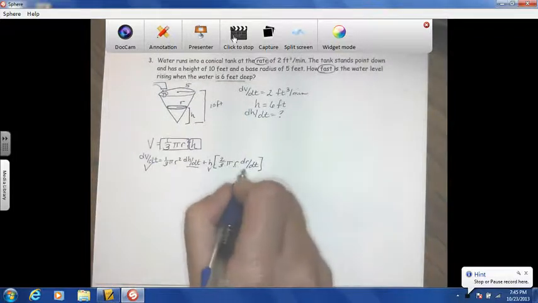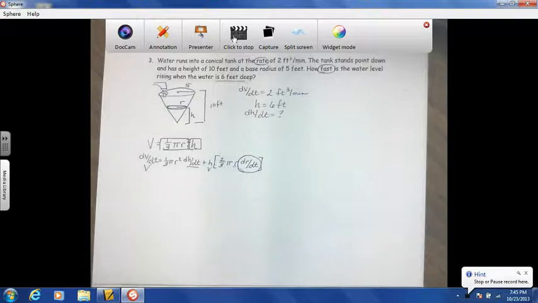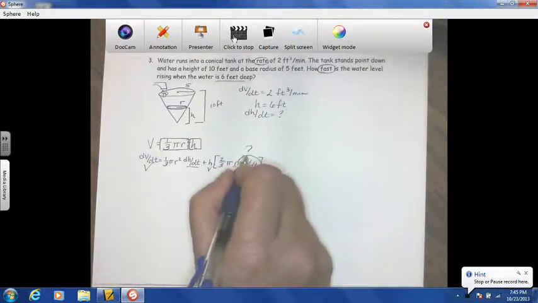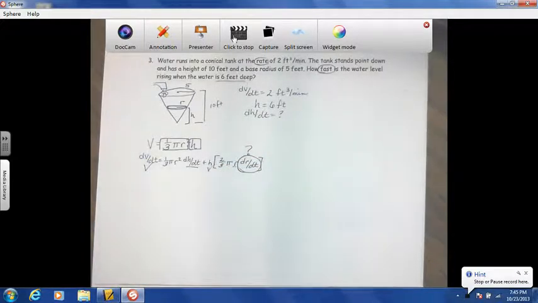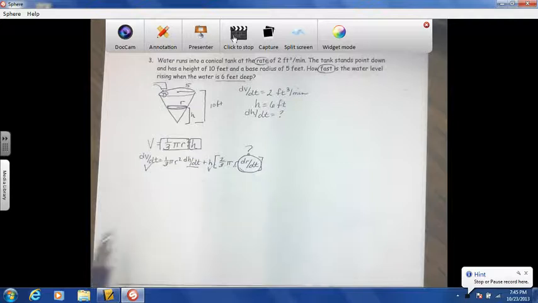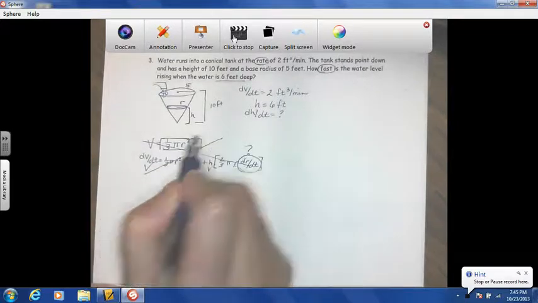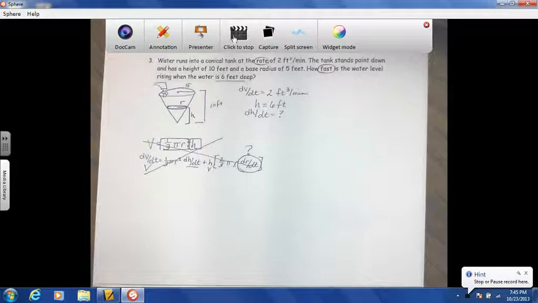However, the problem is with dr/dt. Even if I figure out what the radius is at the instant when the height is 6, I still don't know how fast it's changing. So since I don't have enough information, I'm going to have to scrap this and start again.